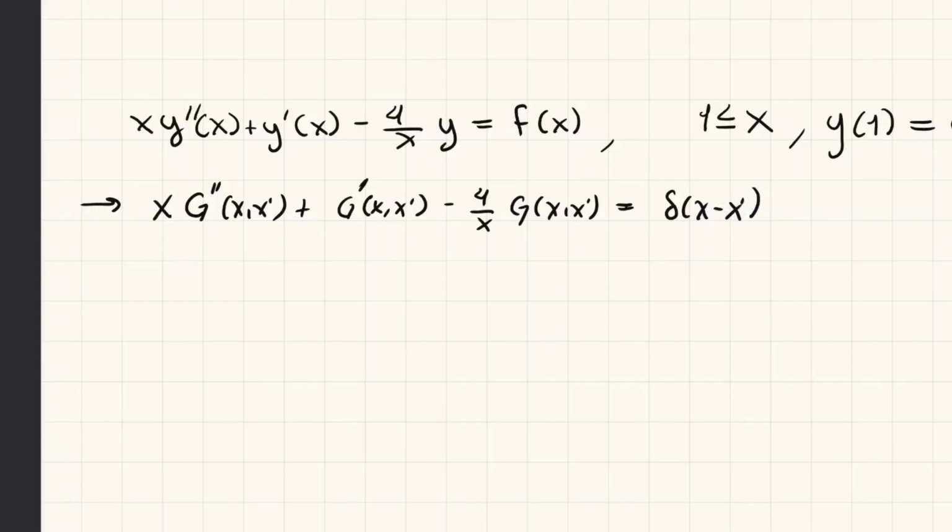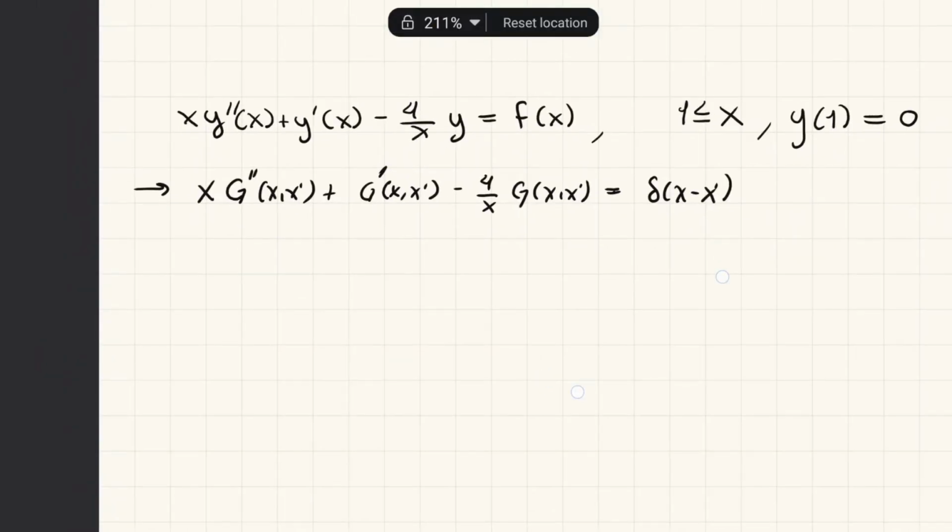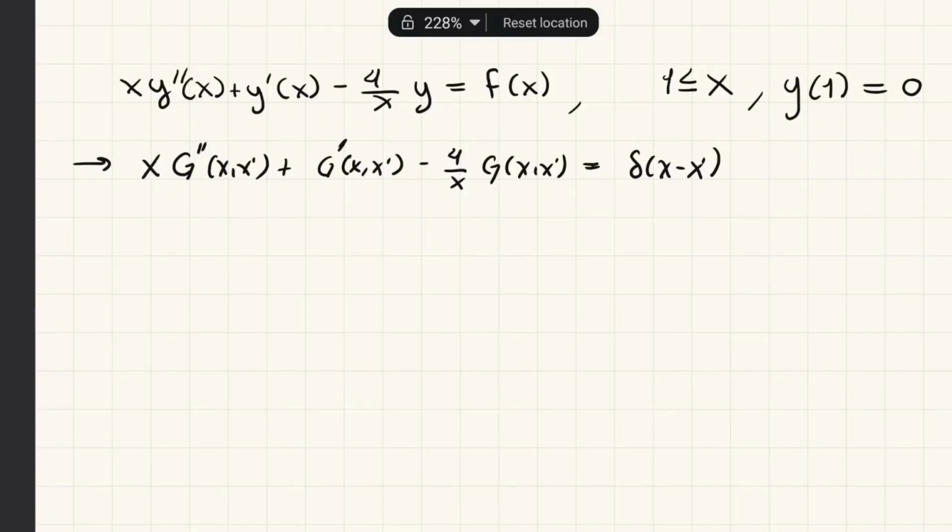Notice that we just substitute the y's for the green function, take the same order derivatives, and instead of writing f of x, we write the Dirac delta.